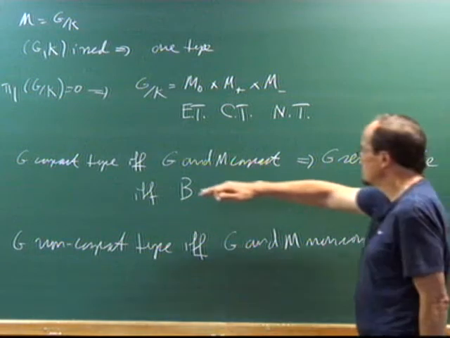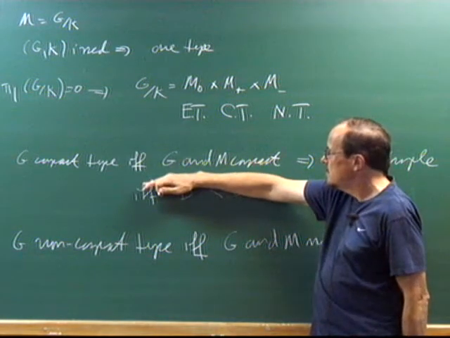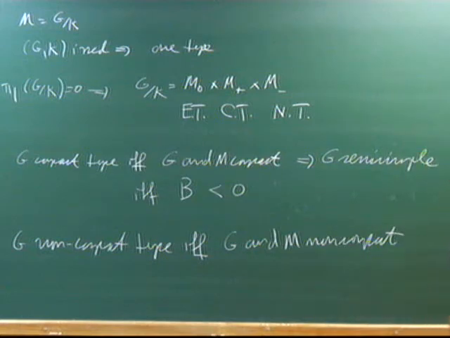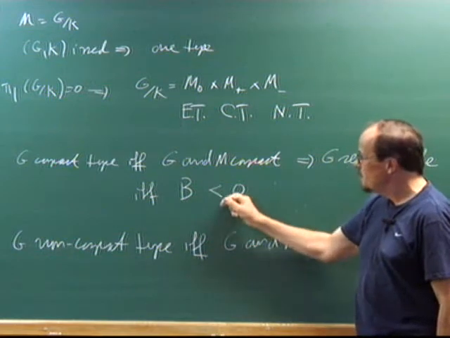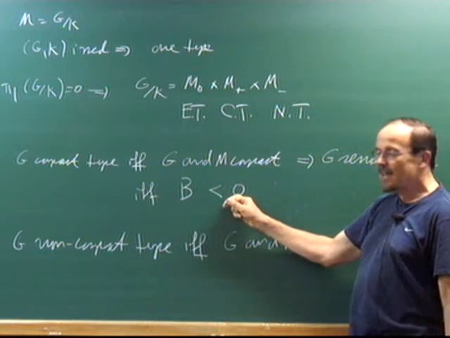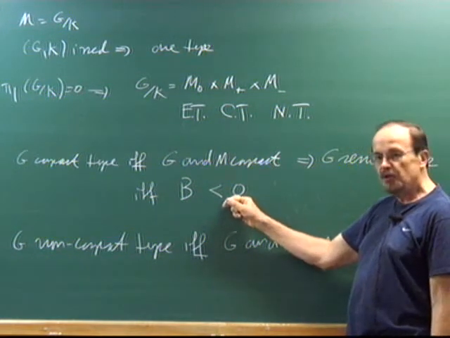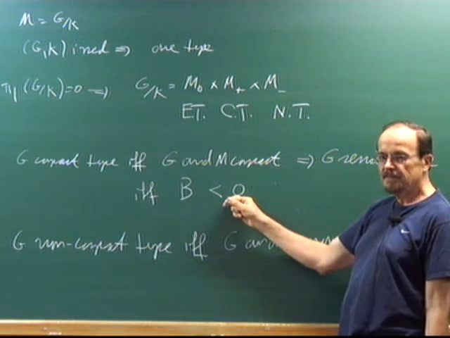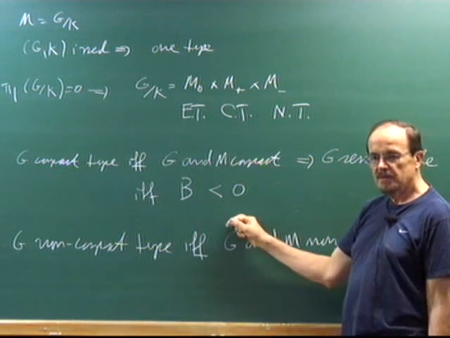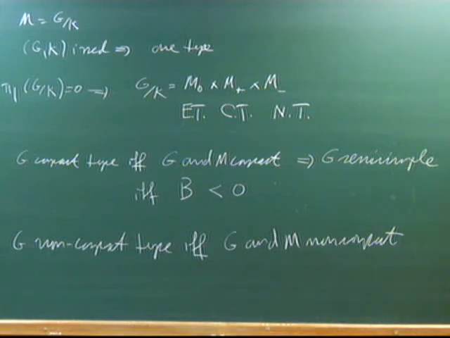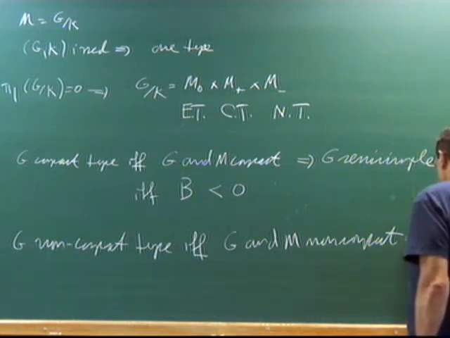But this is not quite true because for the Euclidean type, G is not compact. So, of course, since B is negative on K anyway, it means compact type if and only if B is negative on P, right? And that's compact type. So this also implies G semi-simple.